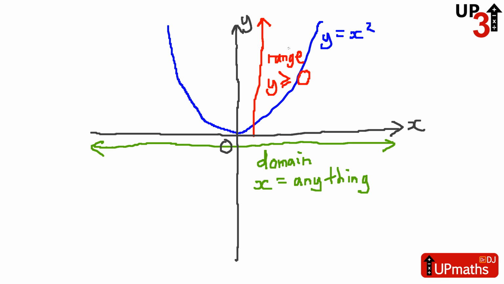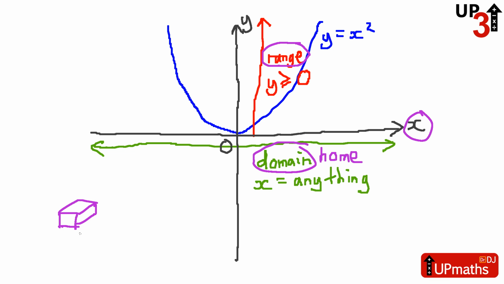Okay, the words range and domain. Now the domain, you might be familiar with the fact that a domain means your home. It's where you live. So I always think of that as what you start with, because you always start with the x value. And then imagine if you've got a farm, often it's also called a range, which is the land that you own around your house.